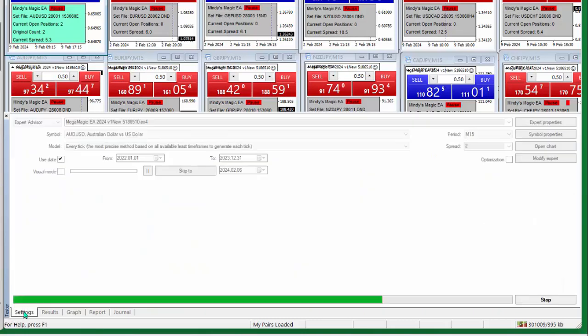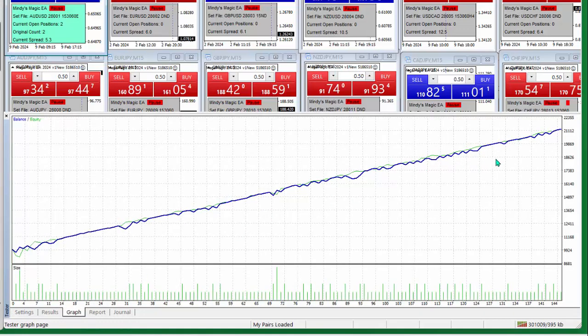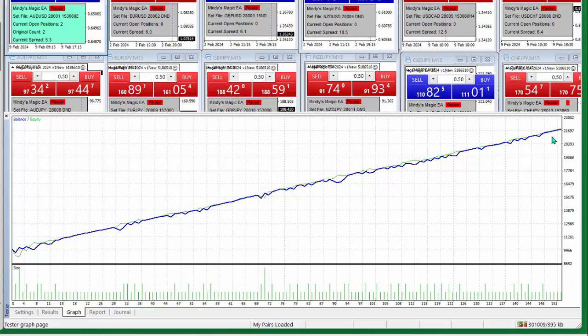But what we can see if we go to the settings tab is that we are not finished yet with this test, and we can go to the graph and see it is still building. 2 years is a long time, so it takes a little while for the strategy test to go through that whole time, right?